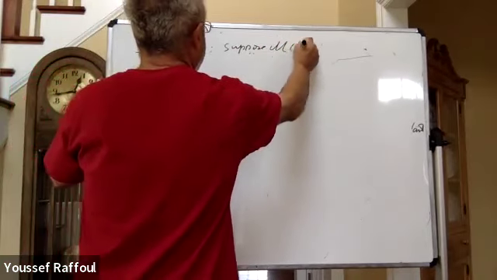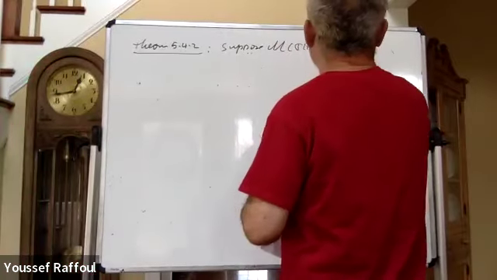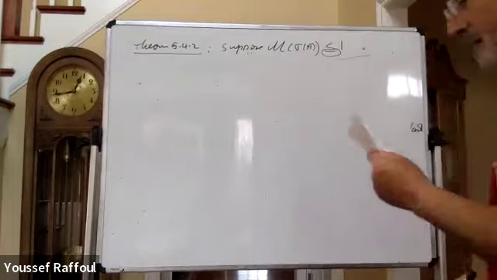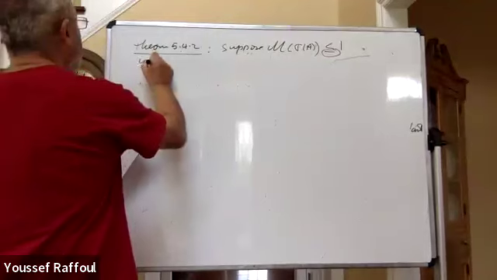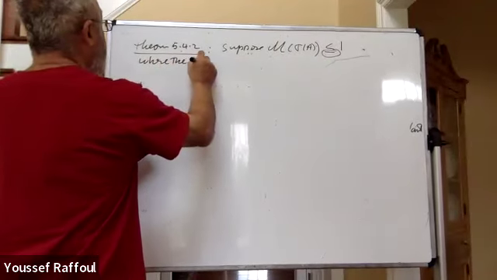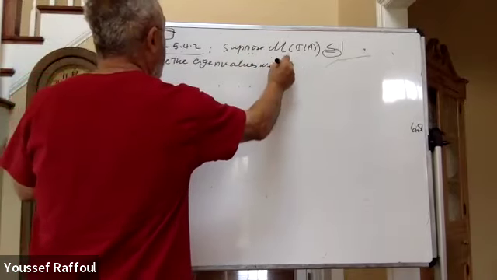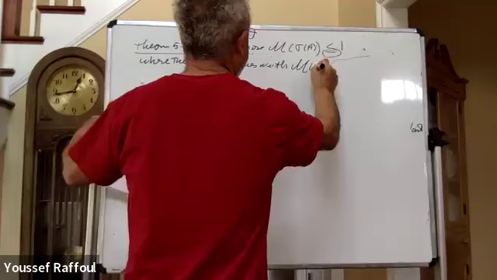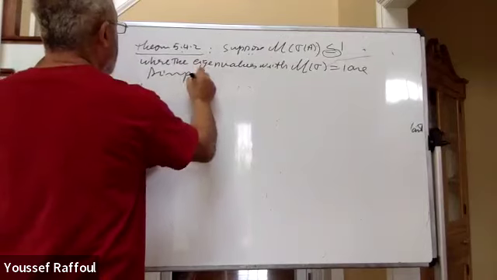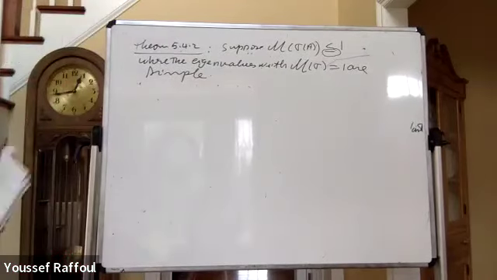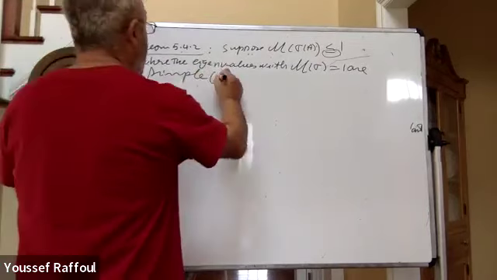Suppose sigma of A is less or equal to 1. Notice now they can be 1. Where the eigenvalues with sigma of A equal 1 are simple. So simple means they don't have multiplicity. That means multiplicity 1.